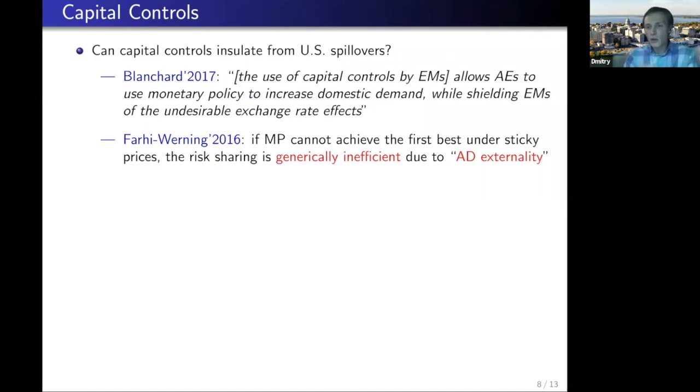Even though there is a large literature about pecuniary externality, the paper which is closest to our setting is the paper by Farhi and Werning in Econometrica, which talks about aggregate demand externality. Formally, what they show in that paper, and that is a very, very general result, is that as long as monetary policy cannot achieve the first best allocation, the risk sharing in the economy will be generically constrained inefficient, right?